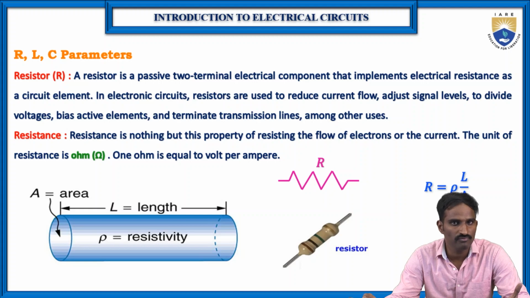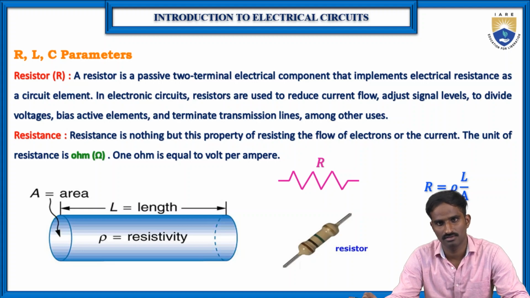What is meant by flow of electrons? It is nothing but the current. So the purpose of the resistor is to oppose the flow of electrons or to oppose the current. That is the function of the resistor. And the value of the resistor, we will measure in terms of resistance, and the unit for the resistance is ohms.